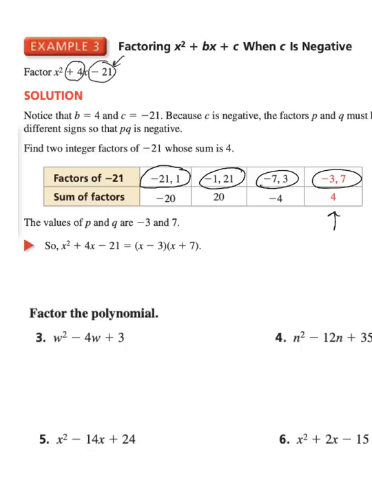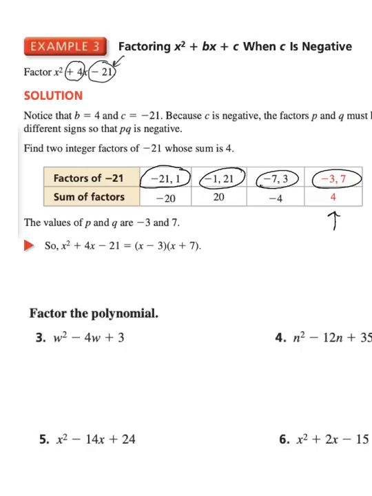An interesting thing when you have a negative C value is that it's basically the difference between the two numbers that we're dealing with. So once you see the 3 and the 7, if you can recognize that the difference between them is 4, that's going to help you narrow down your choices.